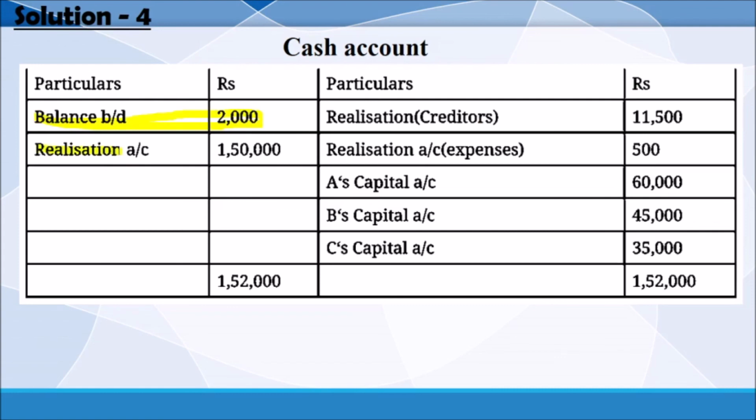The realization of the asset, the realization of the creditors, the realization expense, and the capital balances transferred to this cash account, it will be tallied. In this problem, we have to remember the importance of preparing the memorandum of balance sheet.